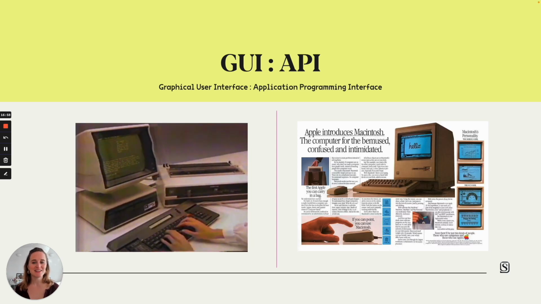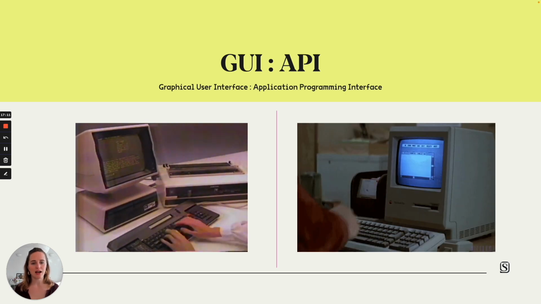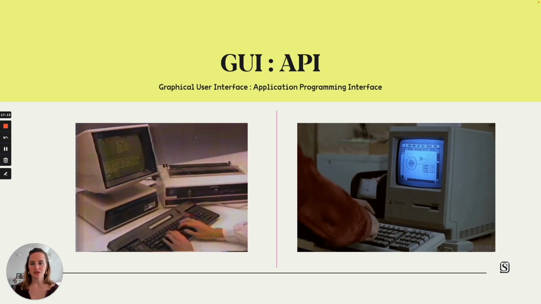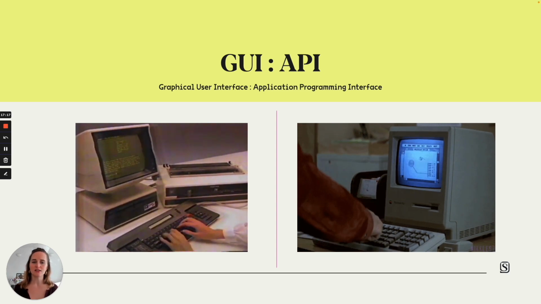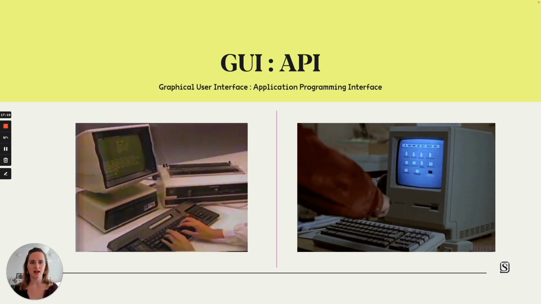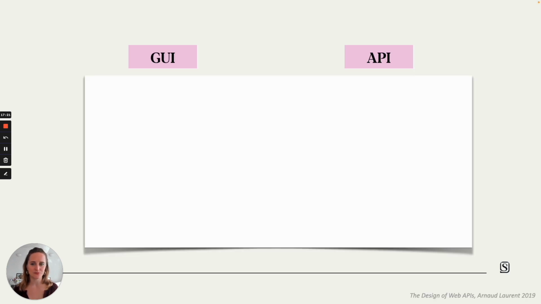But luckily, someone had the genius idea to slap a graphical user interface on top of the applications people were using on computers, and this is when the modern world of personal computers could truly emerge starting in the 80s. We no longer had to talk machine. We could click buttons on an interface, just like clicking buttons on a microwave, to talk to the computer in a much easier and more intuitive way.